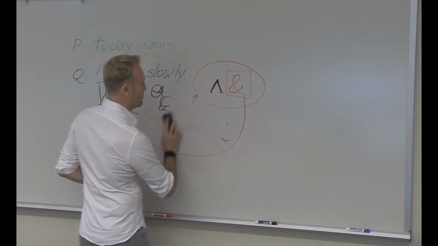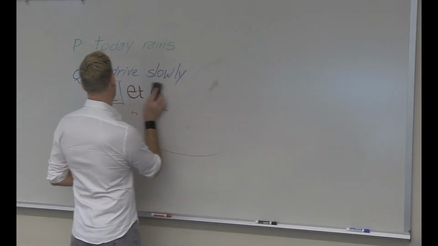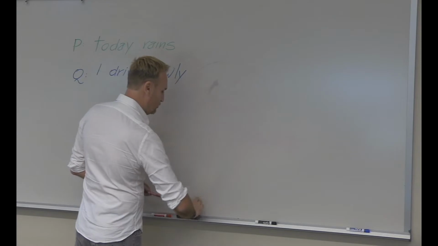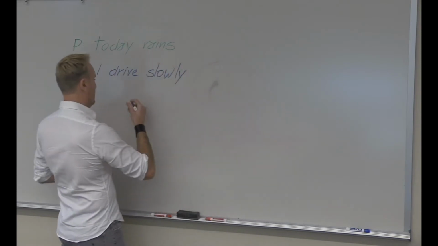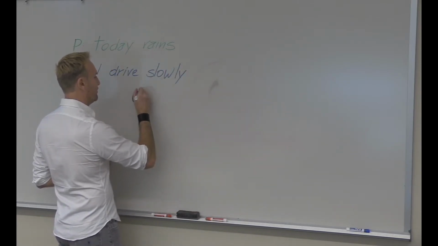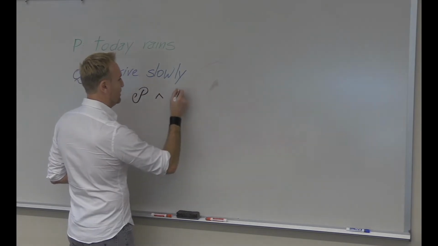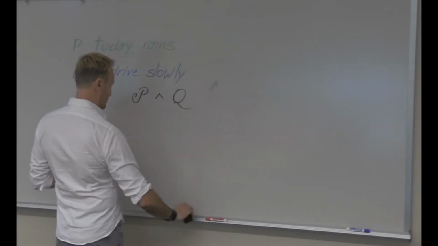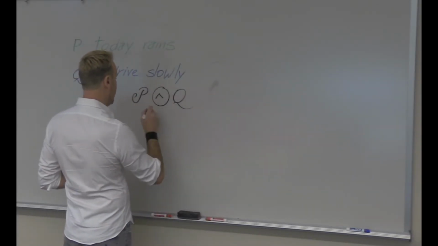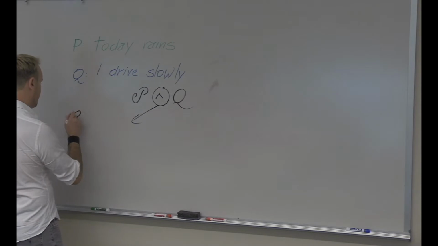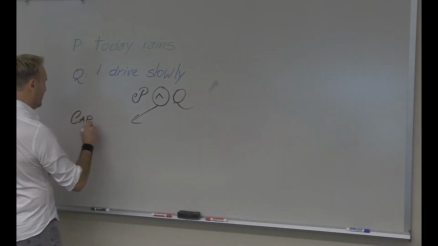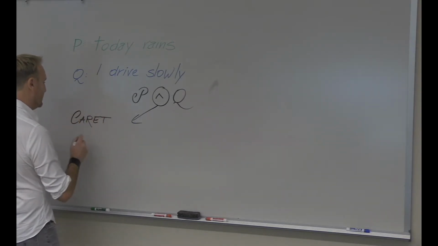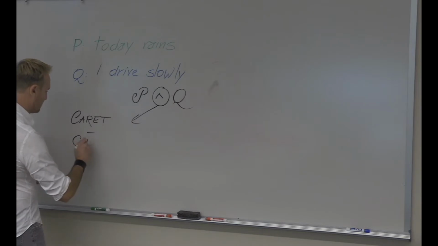So to rephrase everything, at this point we will have P and Q. Again, this symbol, just for clarity, is called either the caret, which is not something you eat, C-A-R-E-T, or circumflex.